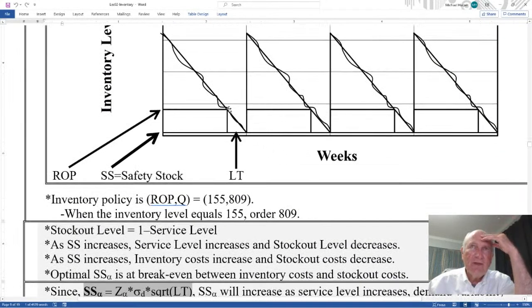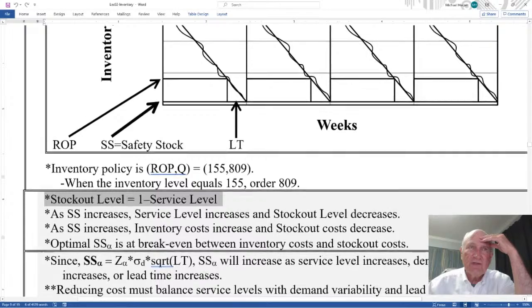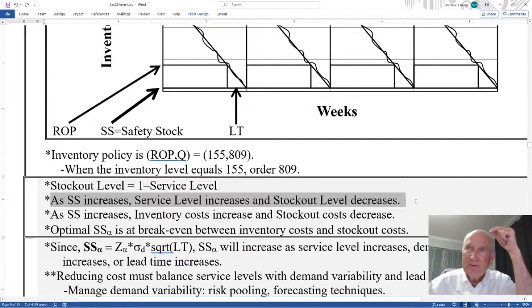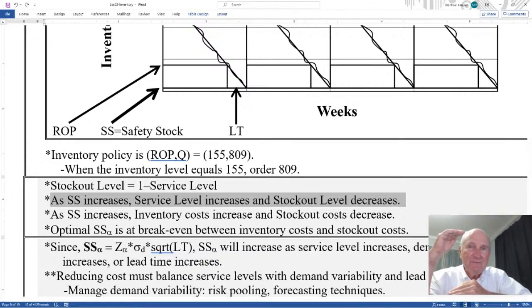Essentially, I'm saying if the demand is more than the ROP, then I have stock out, and the probability of that happening is the stock out level. So the stock out level is 1 minus the service level. As the safety stock increases, the service level increases, and the stock out level decreases. That should be logical. If you have more safety stock, it's harder and harder to stock out.